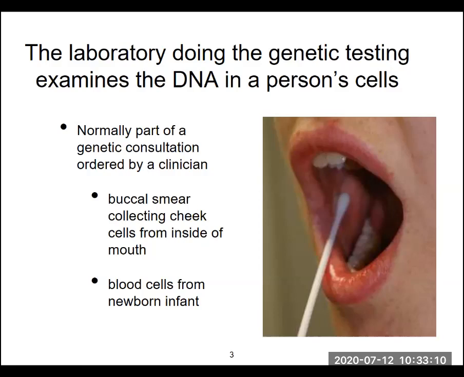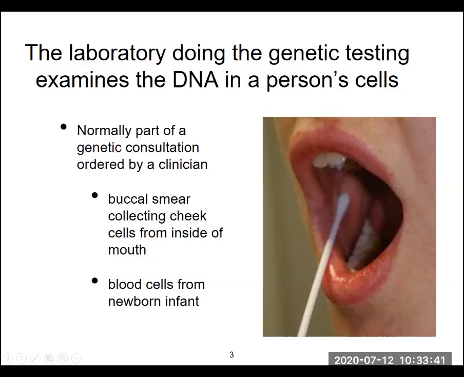We could do the same thing by taking a little bit of blood from an infant and studying the DNA in the nucleated cells within the blood. If you're doing an at-home test, like 23andMe or, I can't remember the other one, Ancestry.com, I think is the other one, the 2 big ones, you basically spit into a test tube, so your saliva is going to contain some of these cells, and those cells are going to contain the DNA.